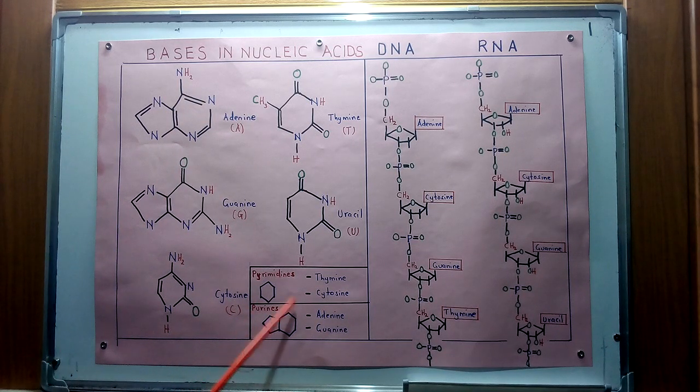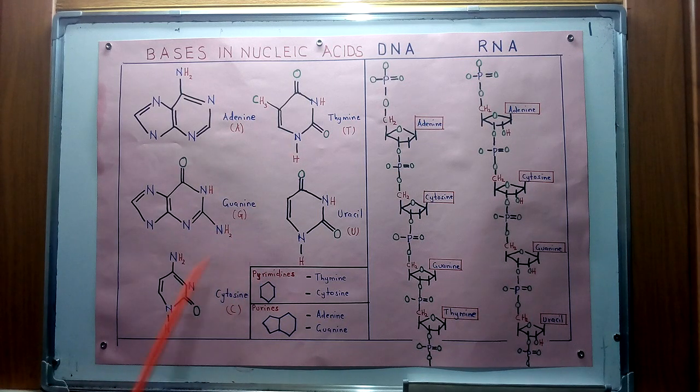Now for the molecules of thymine and cytosine, which are this one and this one, they have a 6-member heterocyclic ring, which falls under the class of compounds we refer to as pyrimidines.